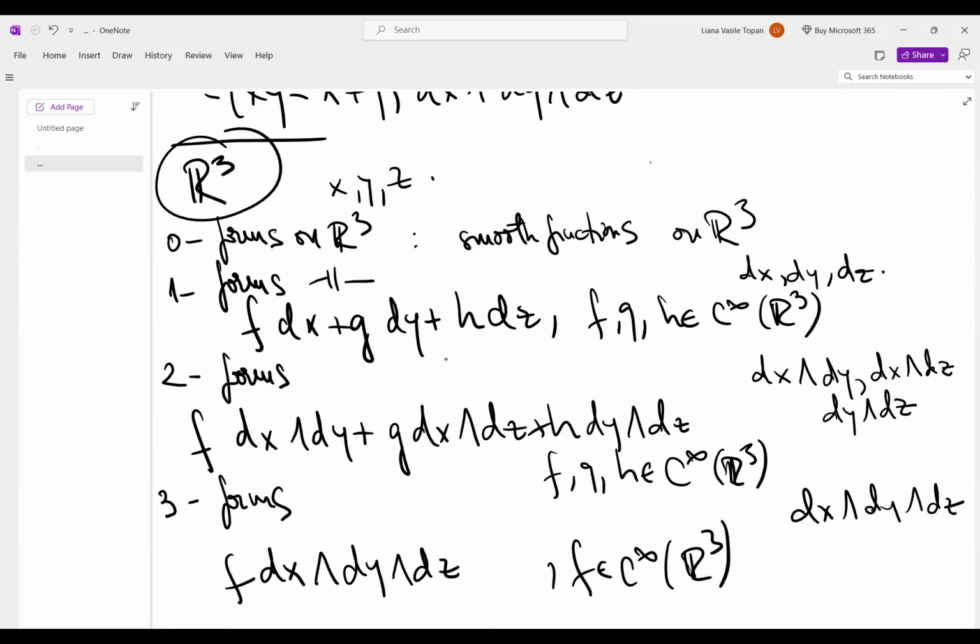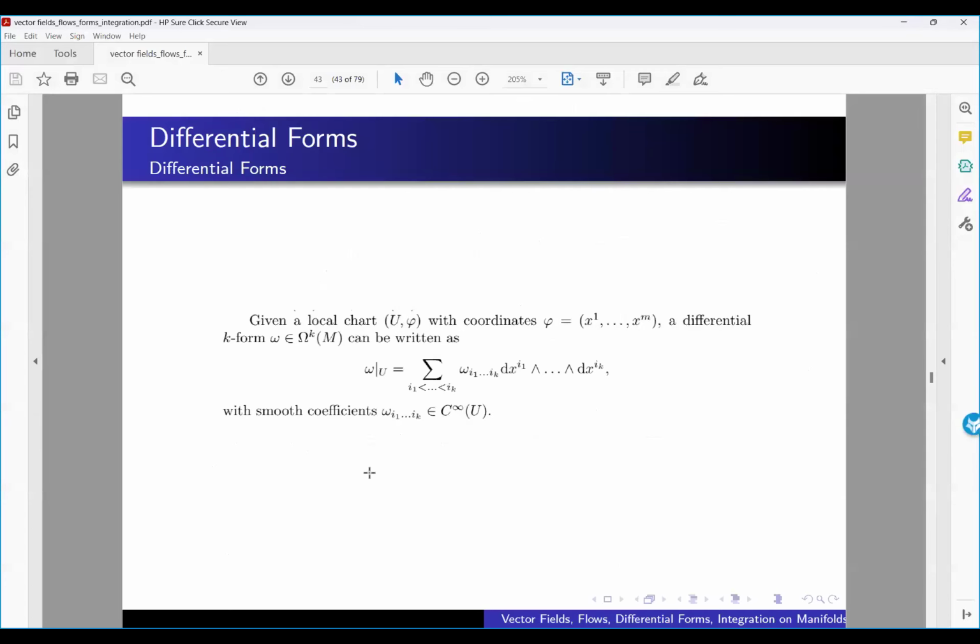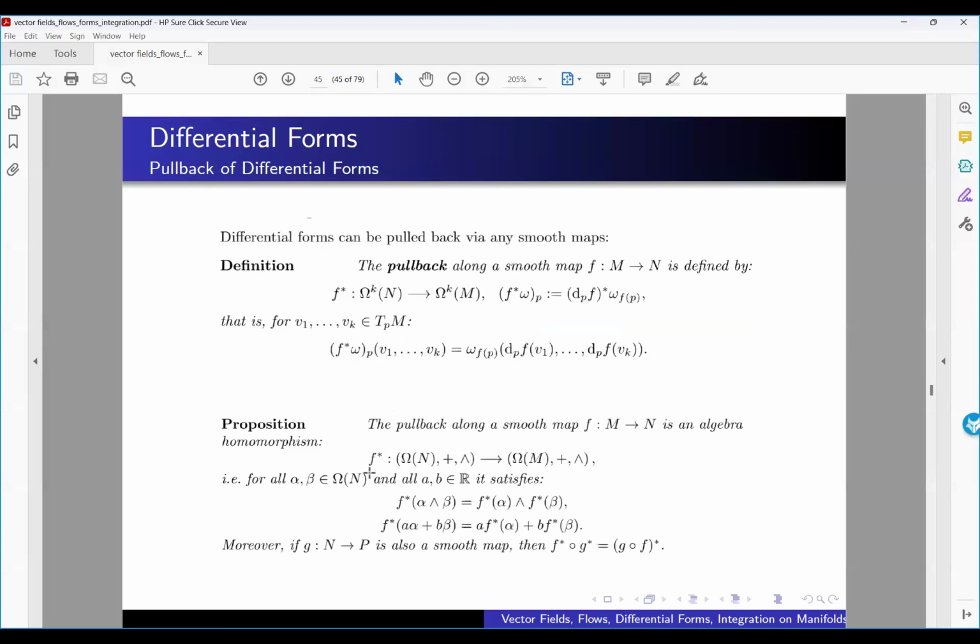Now, we know what a form is on a manifold. As we've seen until now, differential forms can be pulled back. So we can define the pullback of a differential form along a smooth map, and it's defined here.